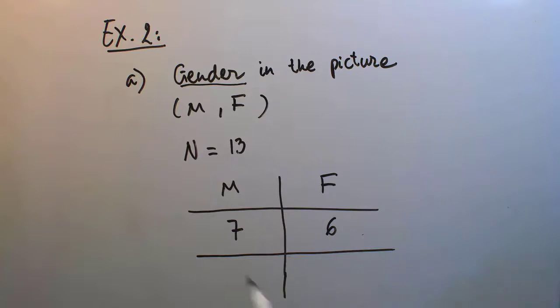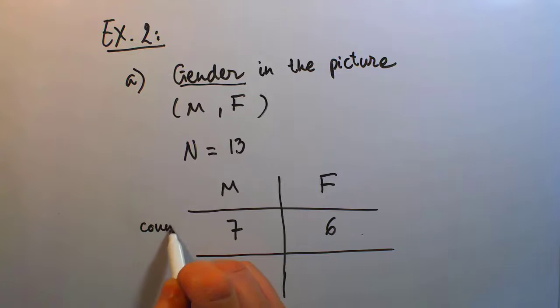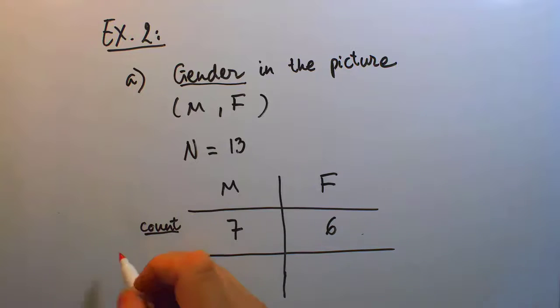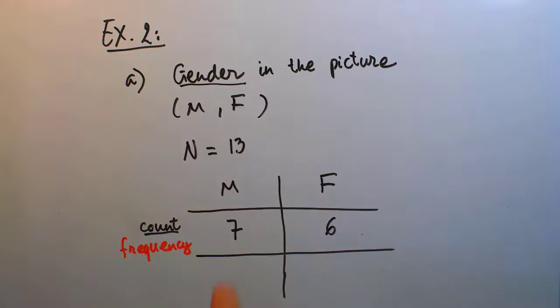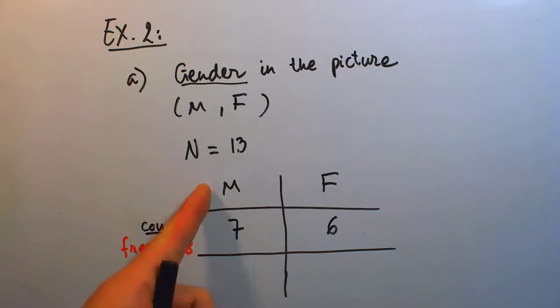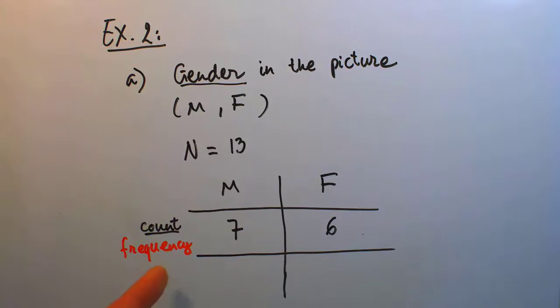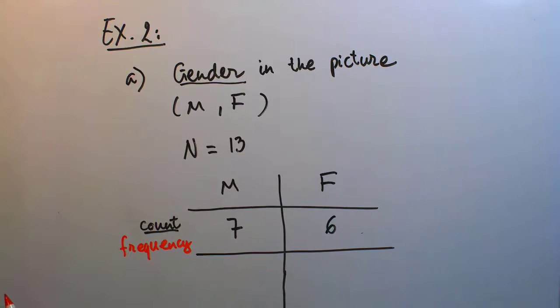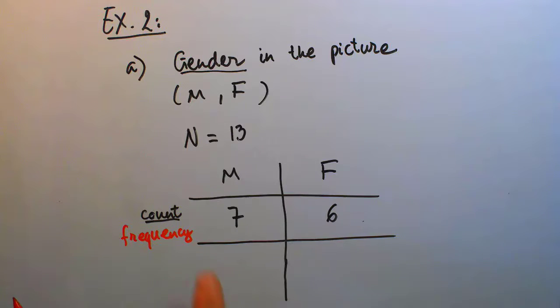This count right here, I keep using that term count, but the count here is formally regarded as the frequency. So in this data, having 13 data values, the frequency of being a male is 7, and the frequency of how often we see a female in this data is 6. And in the world of categorical data, we can actually be a little more creative than just getting the actual count. Frequency is the actual count out of the whole group.